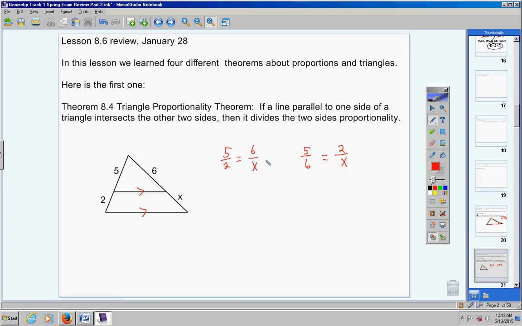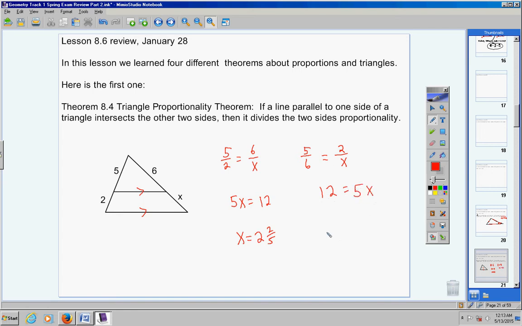So I'm gonna prove that to you real quick. Let's solve this proportion right here. 5 times x is 5x. 2 times 6 is 12. Divide both sides by 5, and x equals 2 and 2/5, or 2.4. Same thing over here. 6 times 2 is 12. 5 times x is 5x.